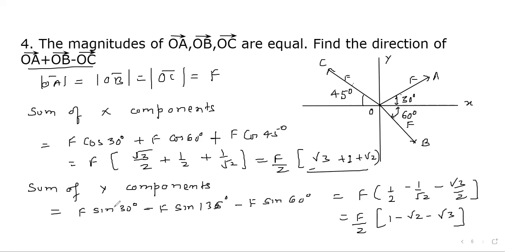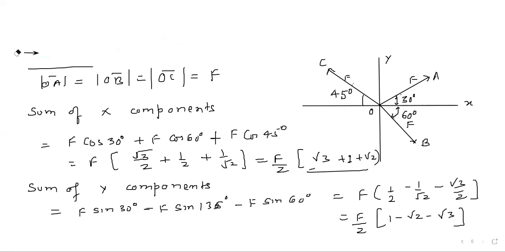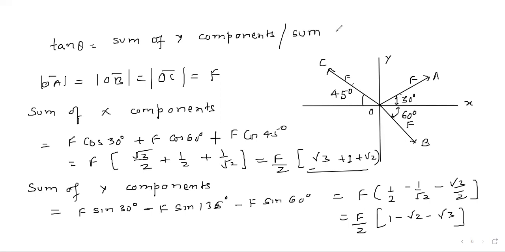Now we have to find the angle between the two. For getting the angle, we write tan theta equal to the sum of Y components divided by the sum of X components.